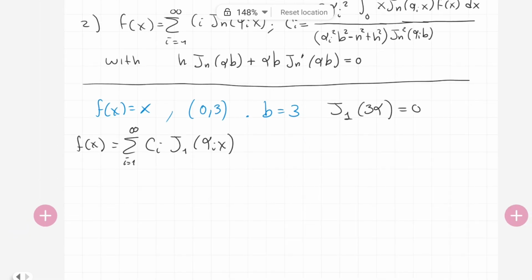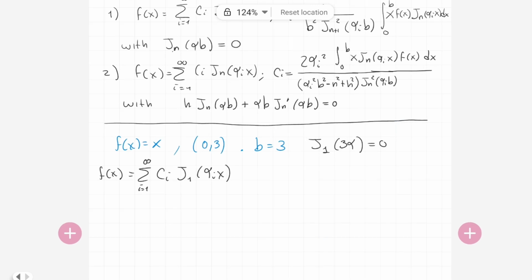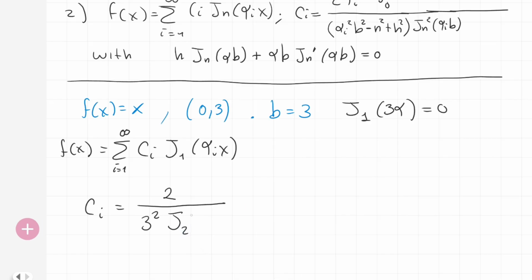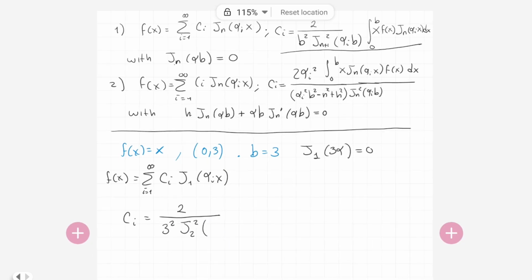So the important thing here is that we need to calculate the coefficients c_i. So c_i is going to be equal to, following this formula that we have here, 2 divided by b squared, which is 3 squared, times J_{n+1} squared, but that is J_2 squared, evaluated at alpha_i b.